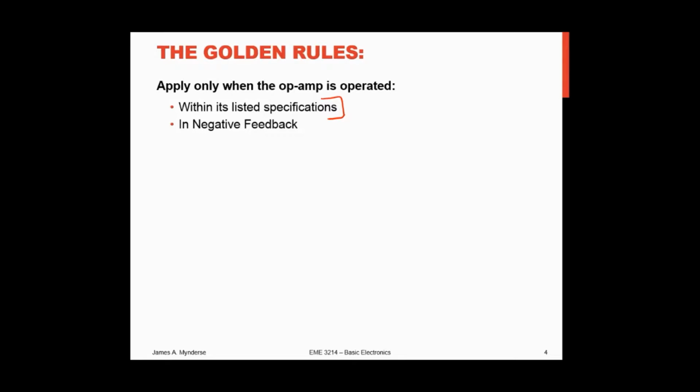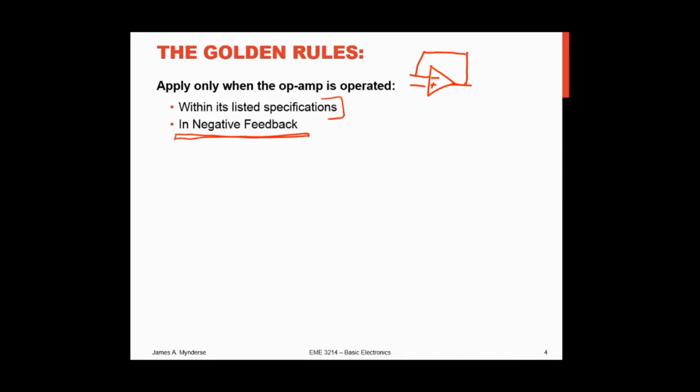And they also imply, and this is an important one, when you're in negative feedback. What is negative feedback? It is not just somebody telling you that they hate you. What negative feedback implies, this is our op-amp, we have the inverting and the non-inverting inputs, we have our output, we have some sort of connection between the output and that inverting input.